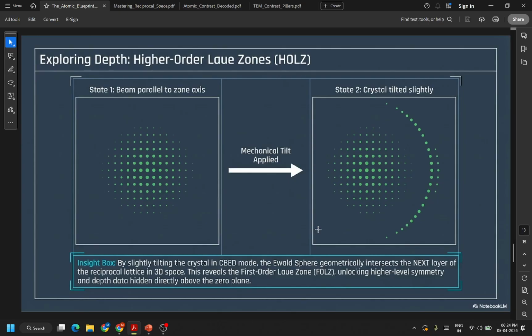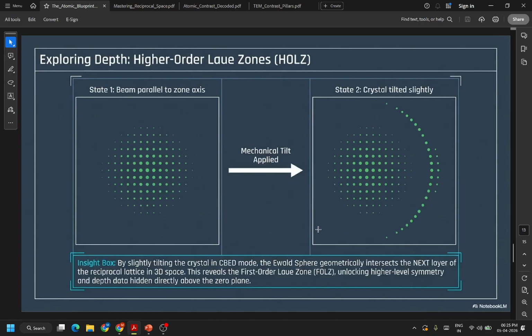Now, higher order Laue zones. If the beam is parallel to the zone axis, then we get a proper pattern. But if the crystal is slightly tilted, we get some fringe patterns which are called higher order Laue zones. By slightly tilting the crystal in CBED mode, the Ewald sphere geometrically intersects the next layer of the reciprocal lattice in 3D space.